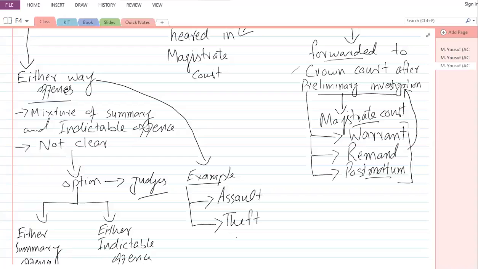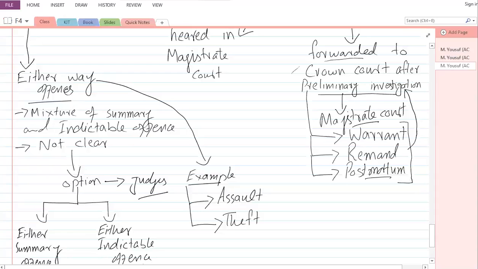If you assaulted some person, this can initially be considered an aggressive behavior and it can be opted as an either way summary offense. But later on, when the trial begins and the hearing starts, the court may discover that it was not just an assault, it was an attempt of rape, but the person, Mr. A, didn't succeed.